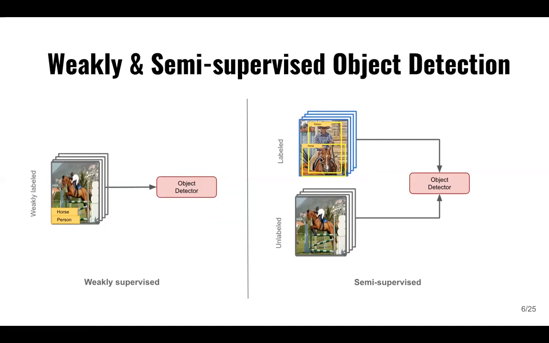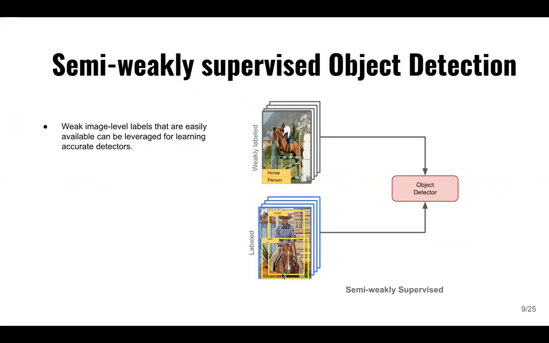If it is semi-supervised, what I mean is that I have a few images for which I have the bounding boxes and the instance-level labels, but the large chunk comes without any labels. In our setting, the difference is that for this large pool we also have the image-level labels, the tags, simply, but the labeled pool is in the same proportion.